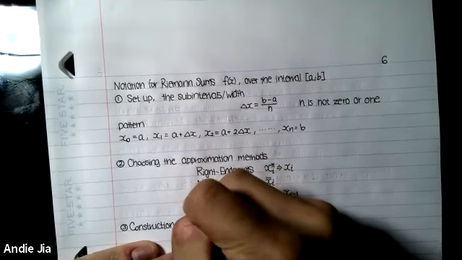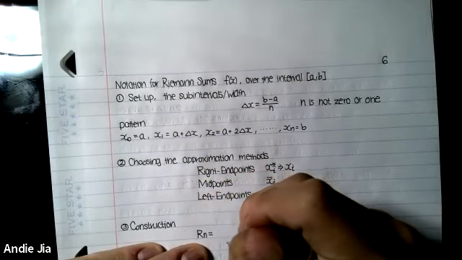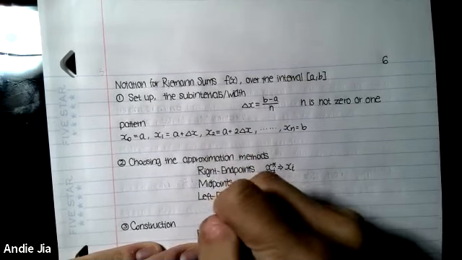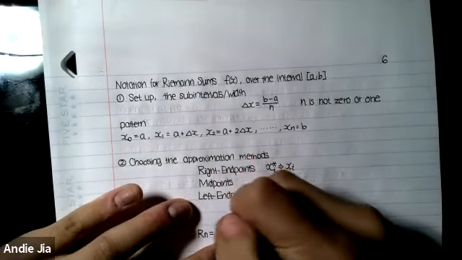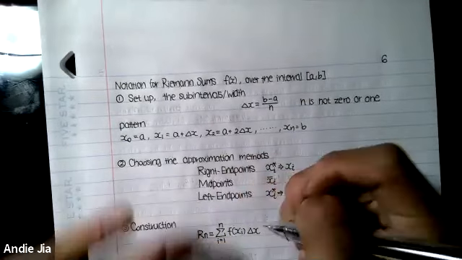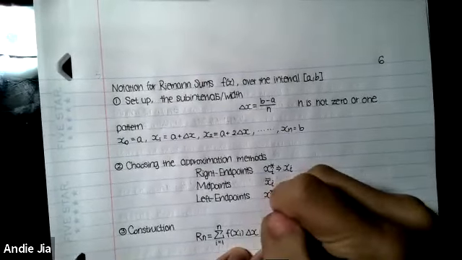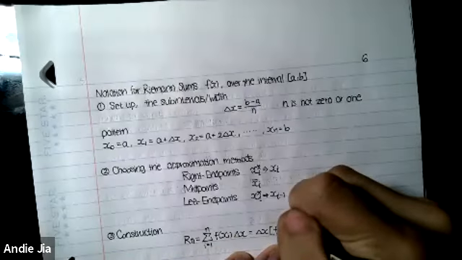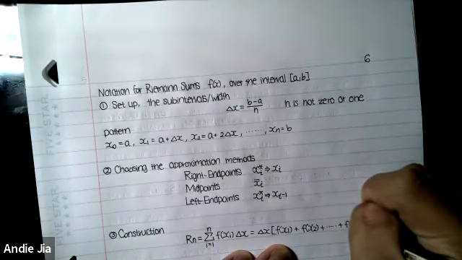If we do right endpoint, R_n is equal to the sigma notation, sum from i equals 1 to n of f of x_i delta x, which is delta x times f of x_1 plus f of x_2, then plus f of x_n.